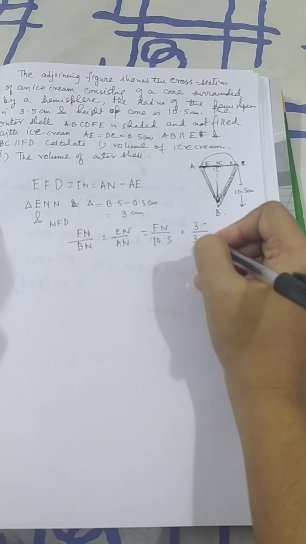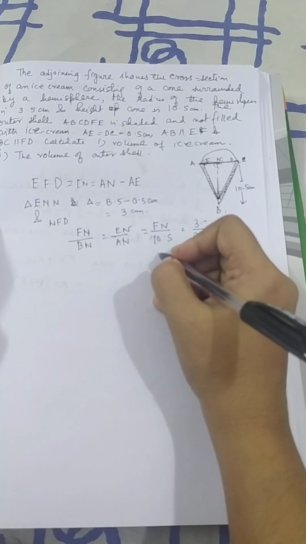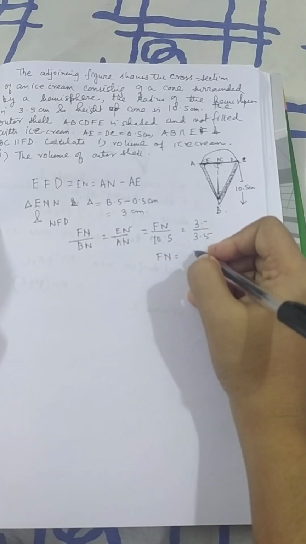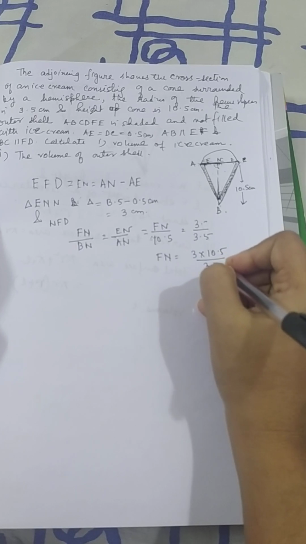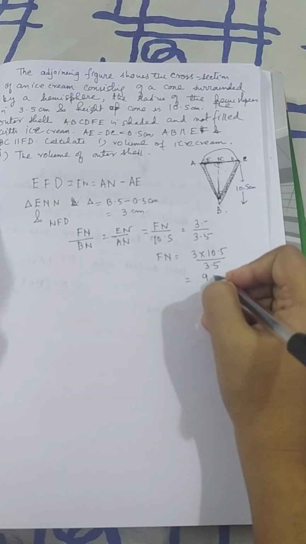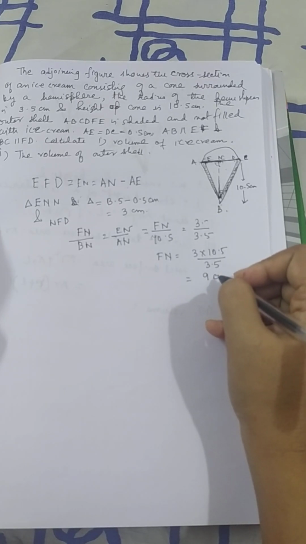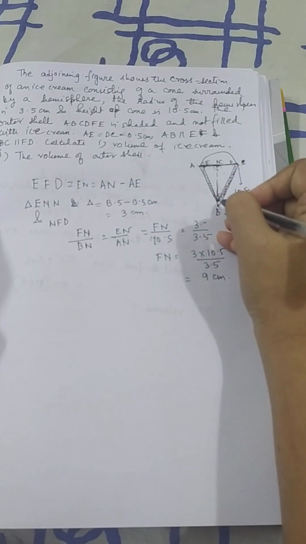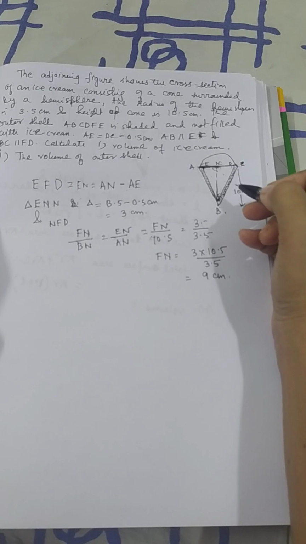It is 3.5. So if we cross multiply it, we will get the value of FN, which is 3 into 10.5 divided by 3.5, which comes to nearly 9 centimeter. So the height of the inner cone, this FN, is 9 centimeter, right.